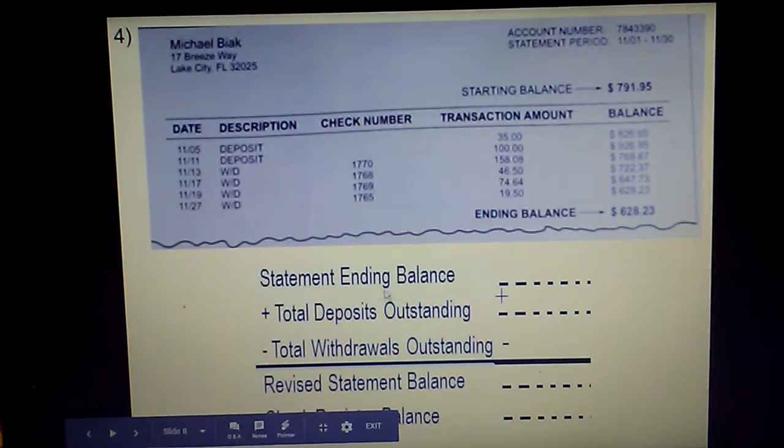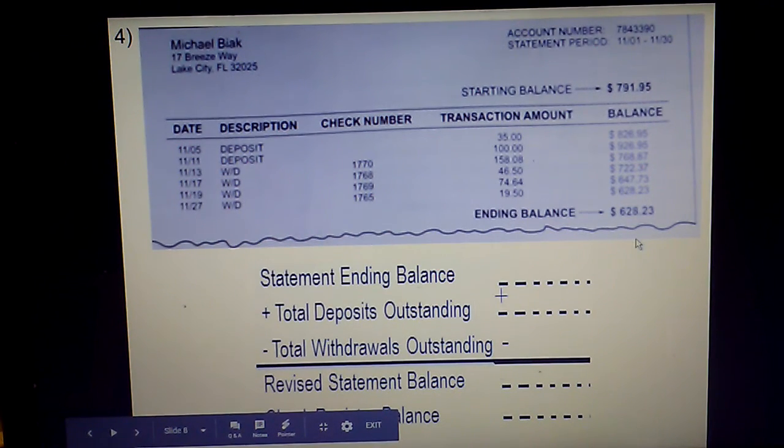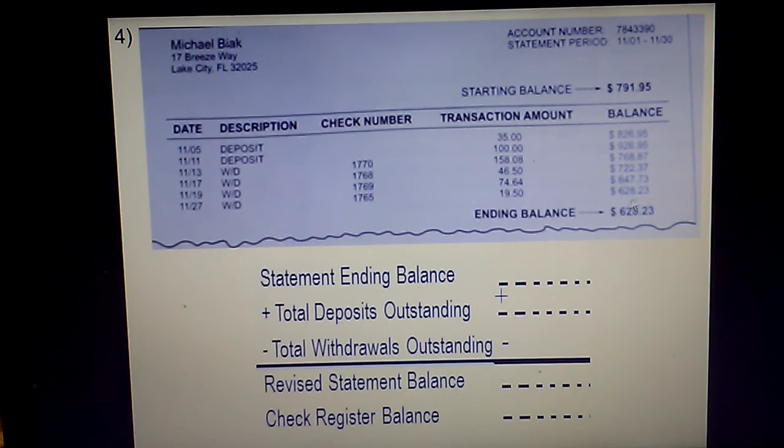So now we go to filling this out. Our statement ending balance, you find right here in the lower right-hand corner, $628.23. Our total deposits was the $125. Go back and add our 50 plus 18 plus 29.10 plus 15.